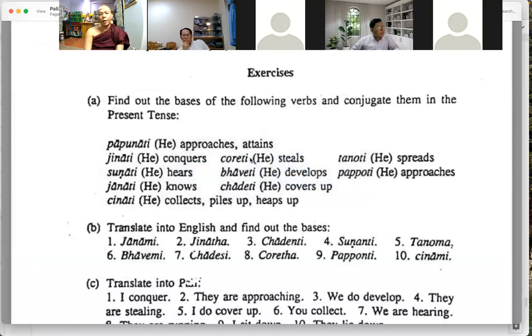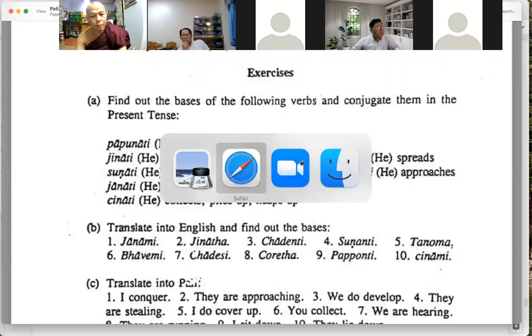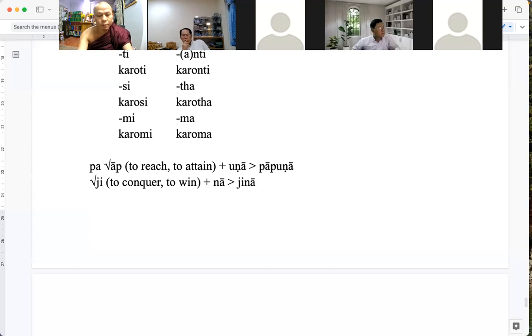Next one is chore, to steal, he steals. Chore di. If we remove di, we have chore. Root chur, to steal. But sign is a.